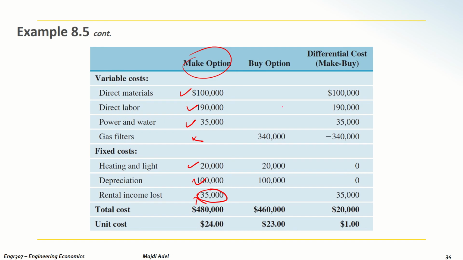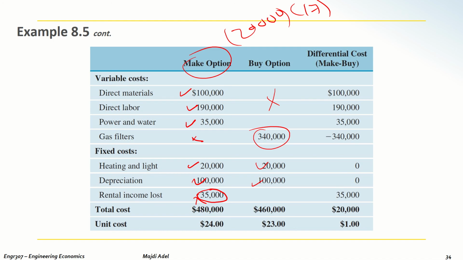For the buy option, I have no direct labor or direct material or manufacturing overhead. I will only have the cost of filters, which is 20,000 multiplied by $17 per unit. Okay, heat and light, I'm going to keep paying heat and light and depreciation for the equipment.